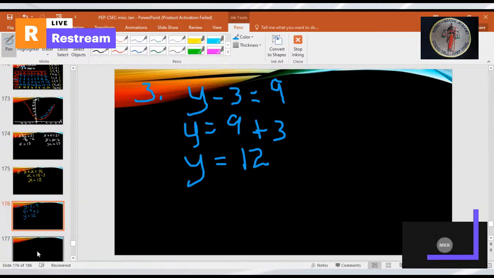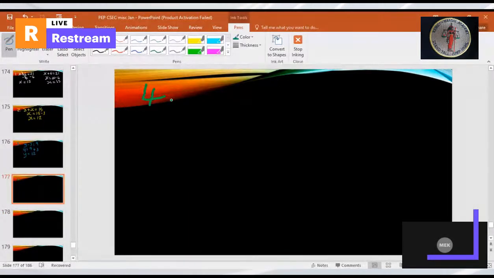Number 4, 8 minus x equals 12. All right, so we have 8 minus x equals 12. We want x over here. Since it's a negative x and we want a positive x, you can move the x across so it becomes positive, and then move the 12.